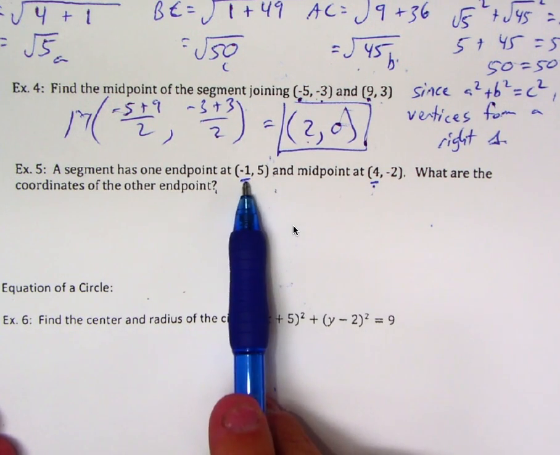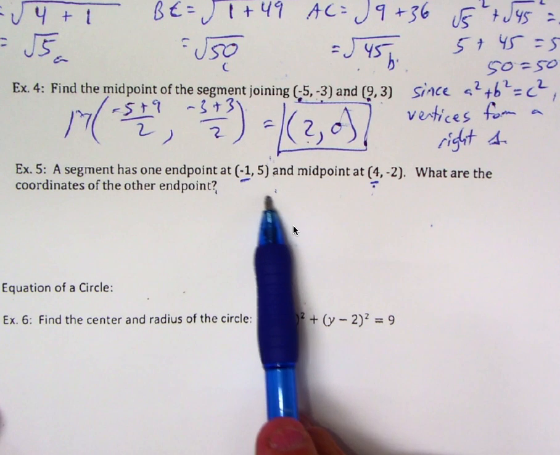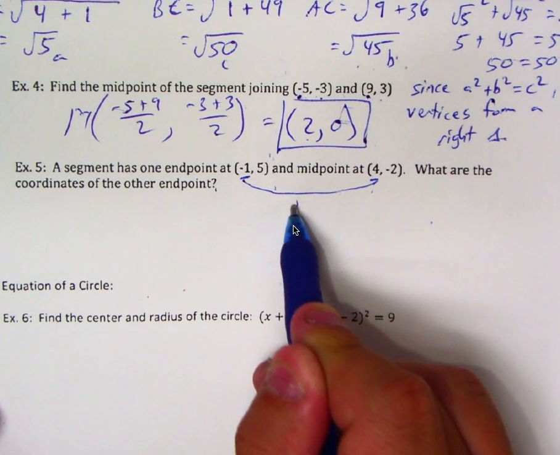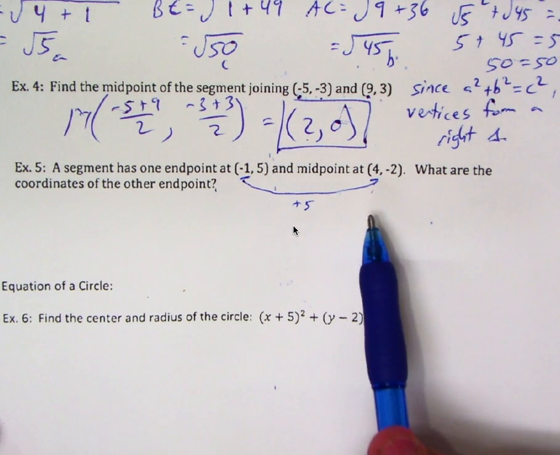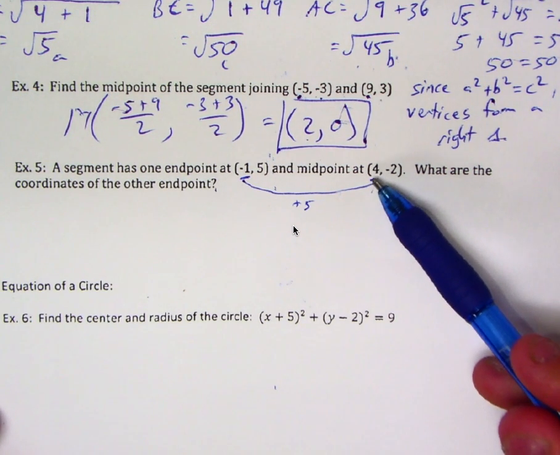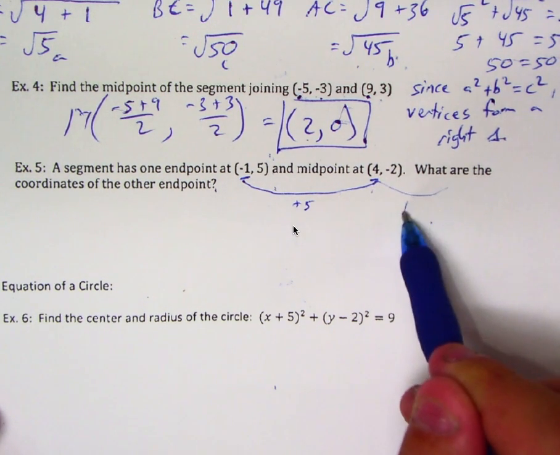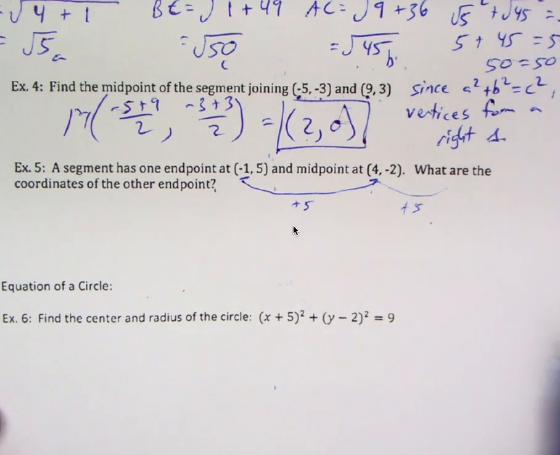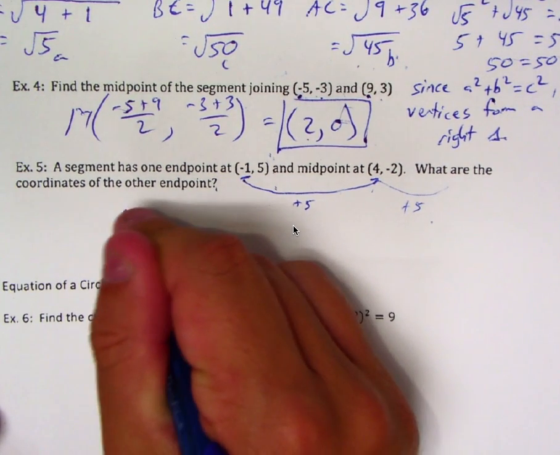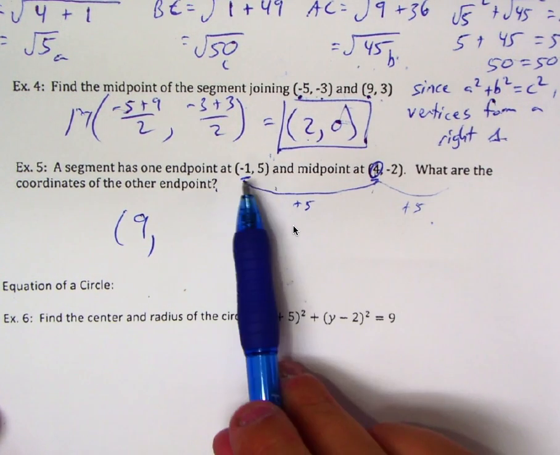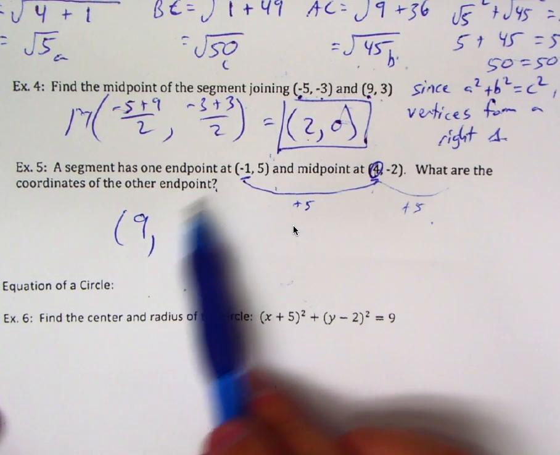If I'm at -1, think about how many units it takes to go up to 4. Well, I have to go up 5 units, which means the other endpoint must be 5 units away from 4. So think about what number is also 5 units away from 4 on the other side. Like if I went up 5 again, think about where you'd be. You'd be at 9. So 4 is right in the middle of -1 and 9. It's 5 units away from both.